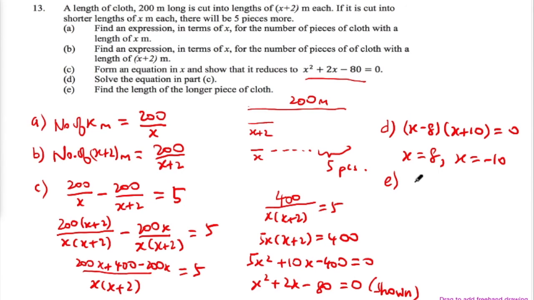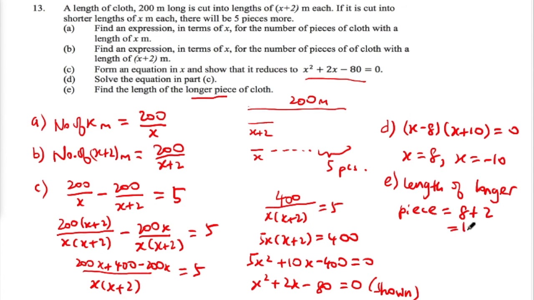Therefore, the length of the longer piece, which is x plus 2, is 8 plus 2, which is 10 meters.